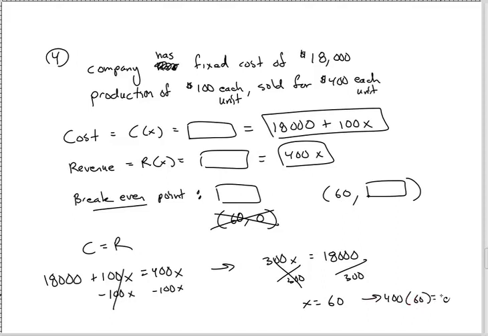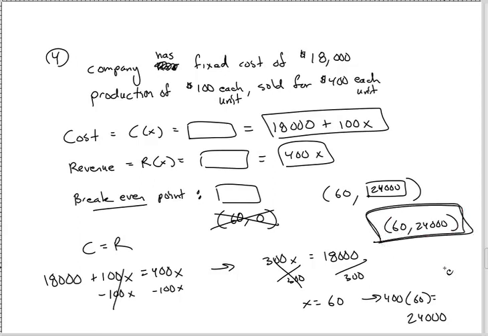Calculator. 400 times 60 is a lot. 24,000. And that's actually what you put here in the box. 24,000. Like, that's your answer now. So 60, 24,000 in parentheses as an XY point. That is your final answer.